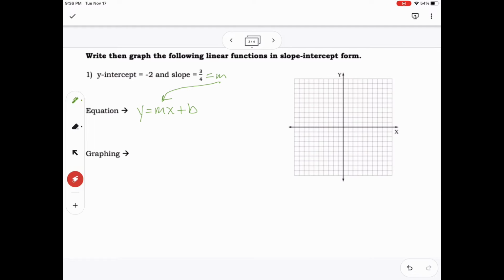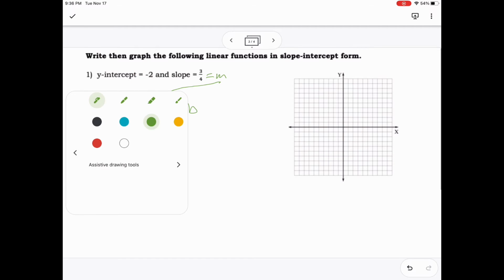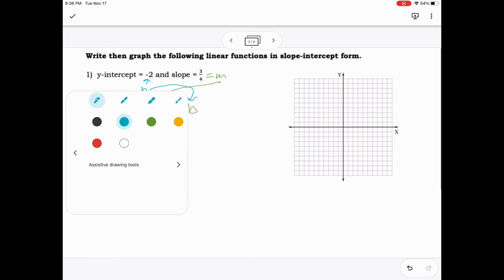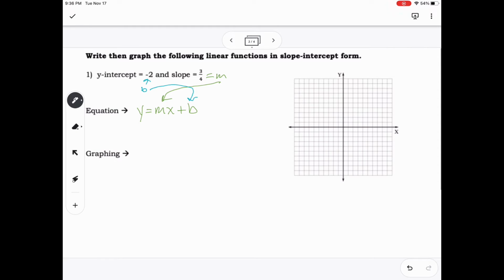And then this -2 is representing our b, and we will plug it in there. So then I should get the equation y equals 3/4 x minus 2, or plus a -2 if you would like. It both means the same thing. So that would be my equation.